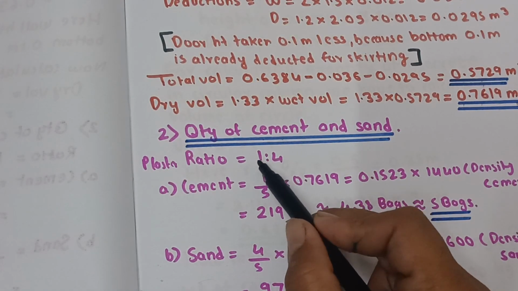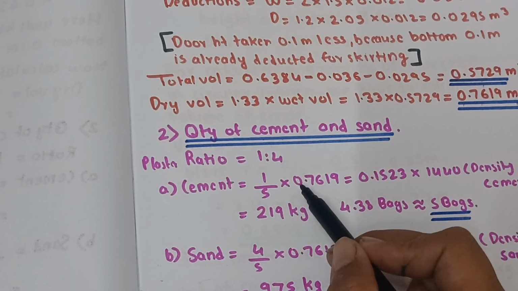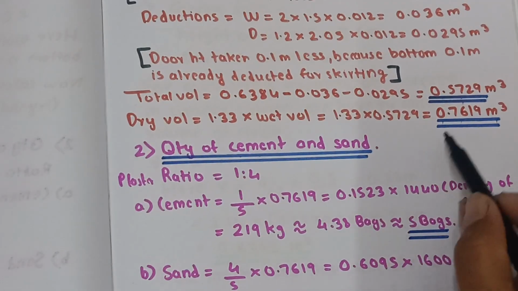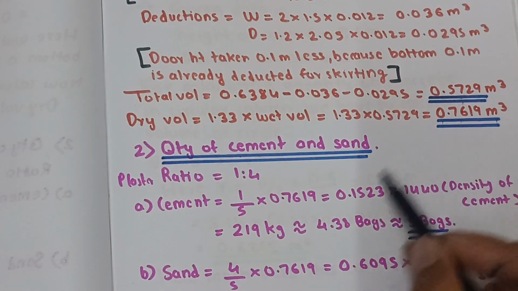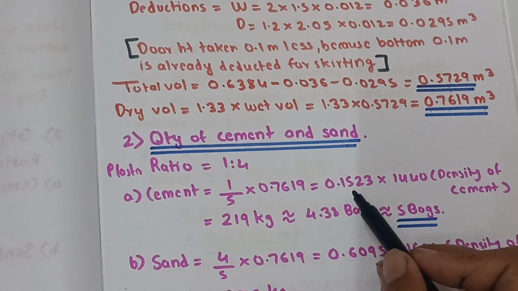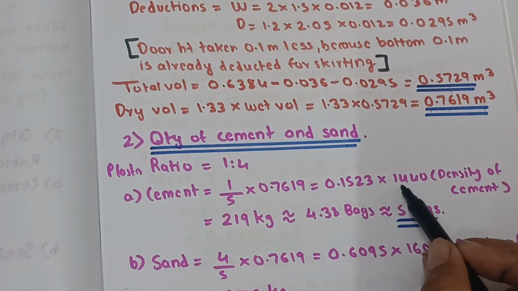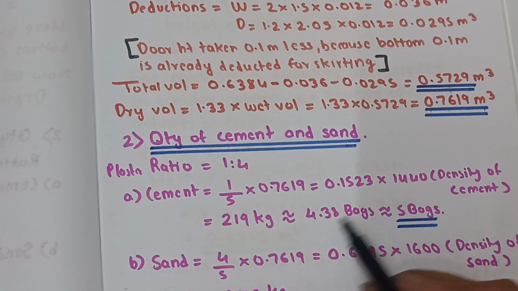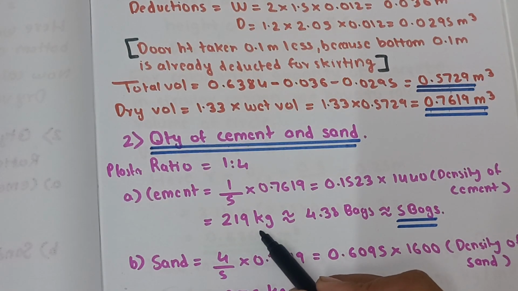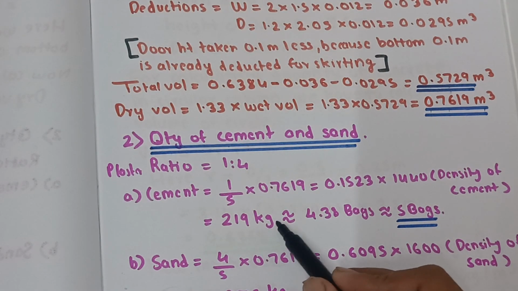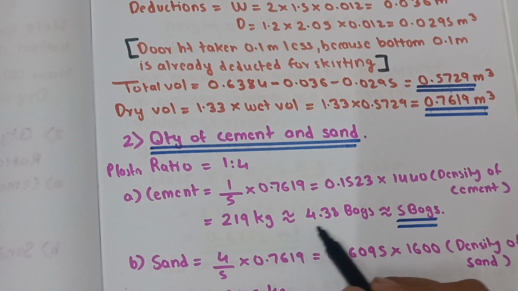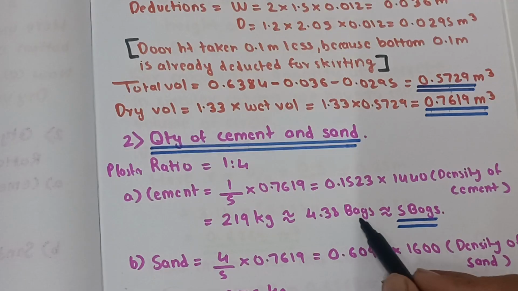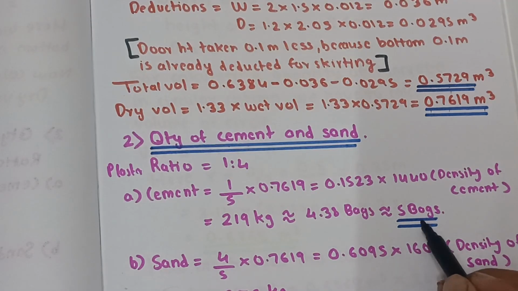We divide 1 by 5, into 0.7619, the dry volume. So we get 0.1523. Then multiply it by 1440, that is the density of cement. We get 219 kgs. 219 kgs we divide by 50 kilos, the weight of one bag of cement. We get 4.38 bags, that is 5 bags of cement.